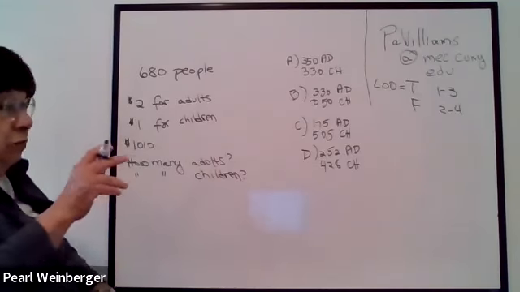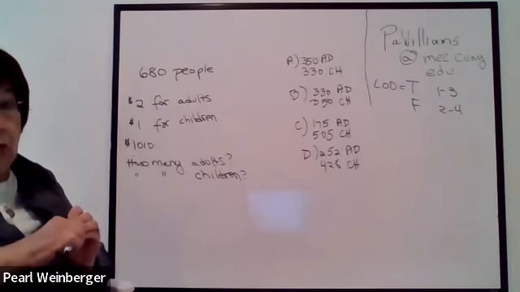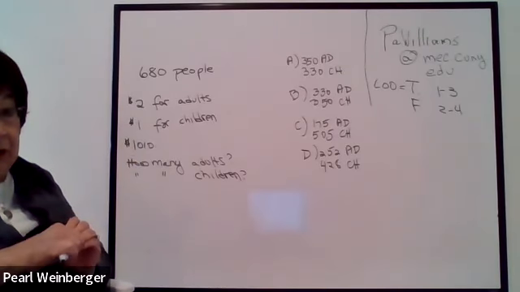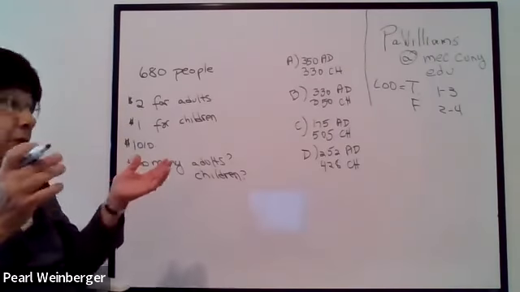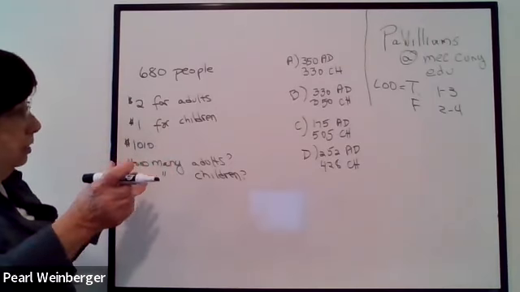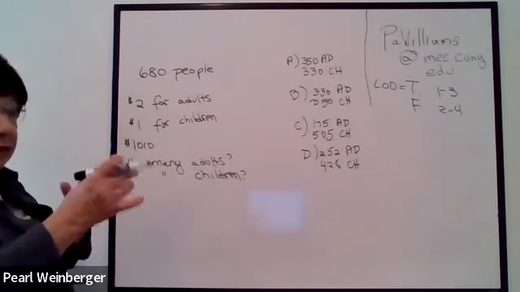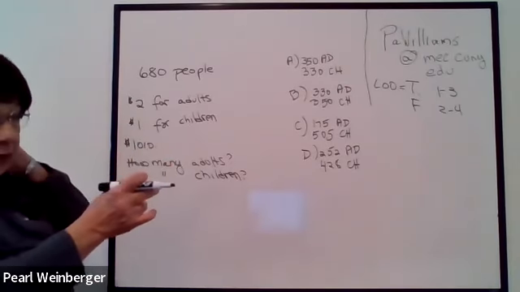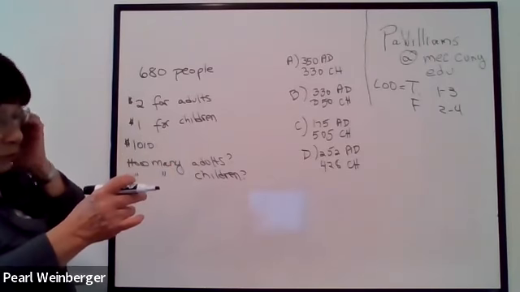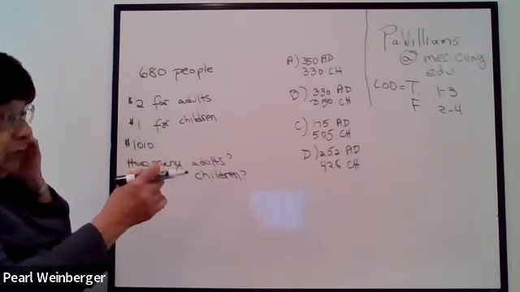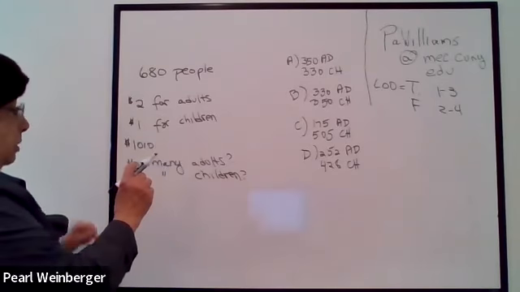So we're going to first set up what we want our variables to be. I'm going to use X and Y, but we could have used A and C for adult and children. You could do any letters you want.